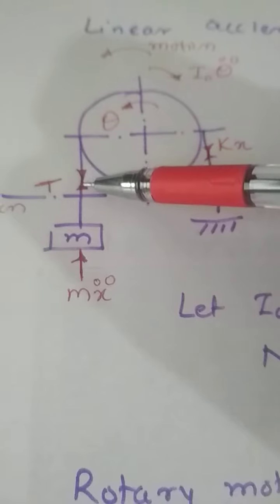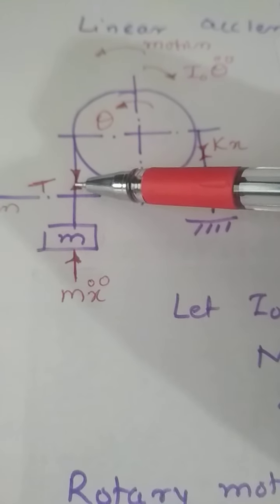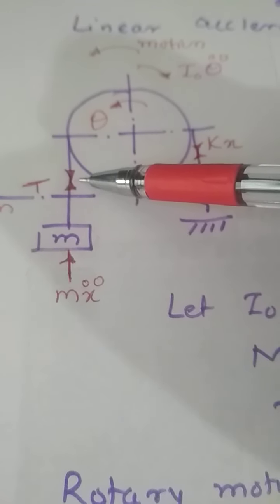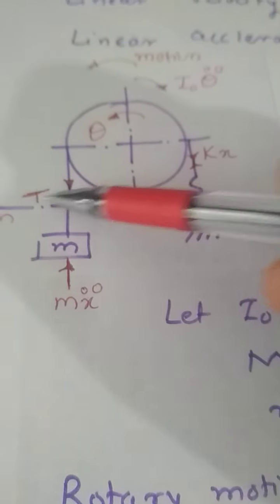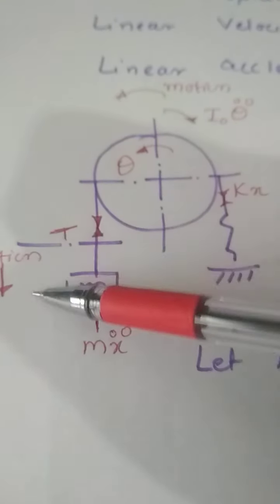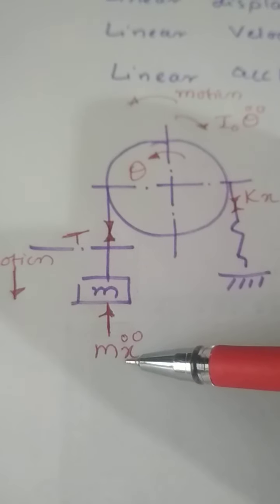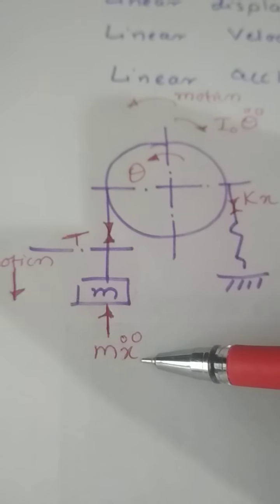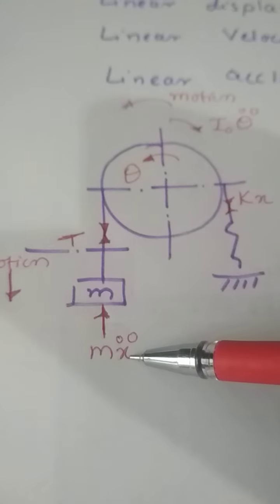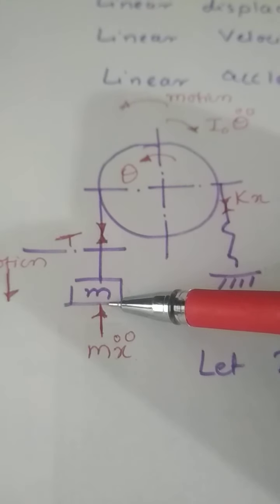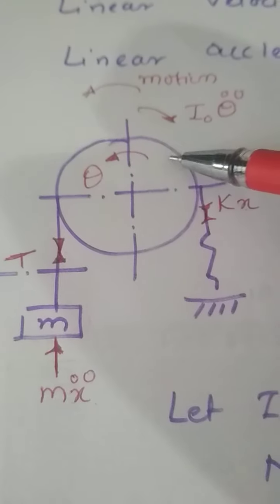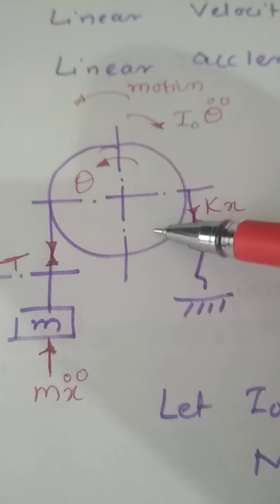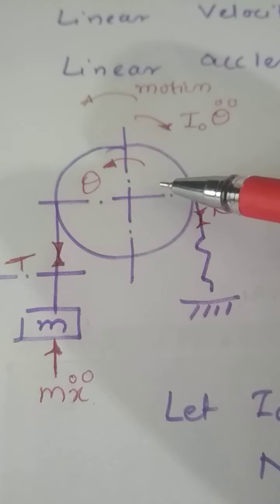It means this string gets stretched. Here tension T will occur. So this T represents the tension in the string. As the motion is downward, the inertia force, mass into acceleration, m into x double dot, will be present upward.